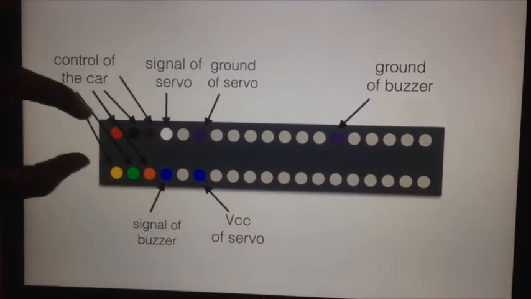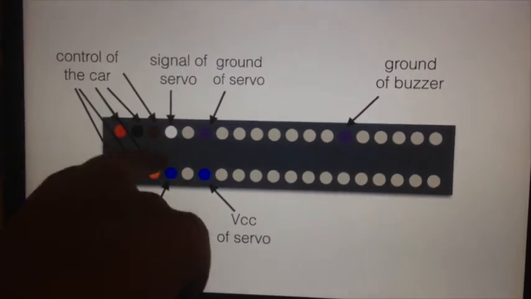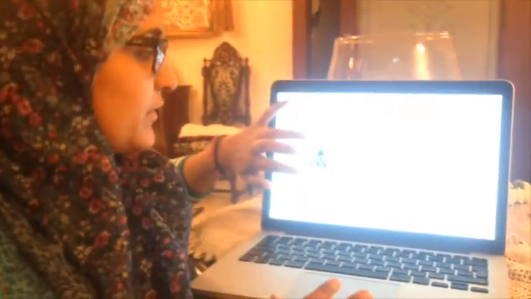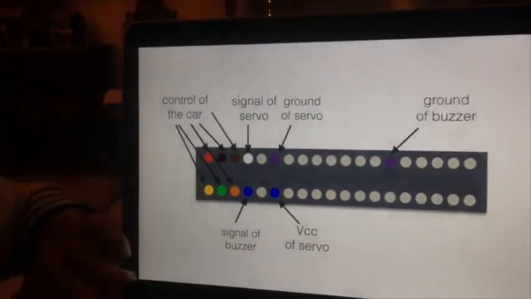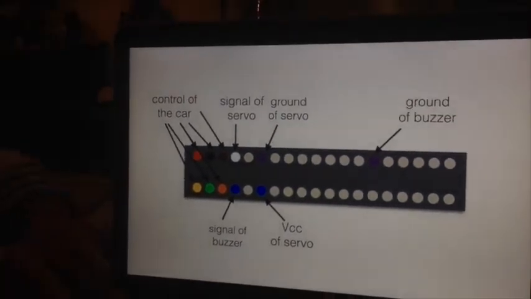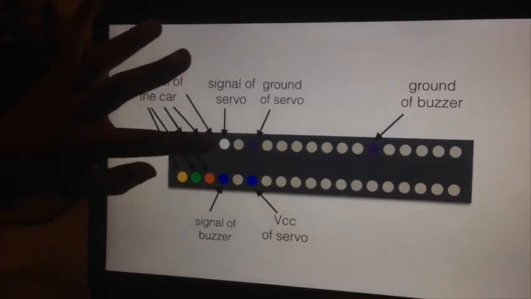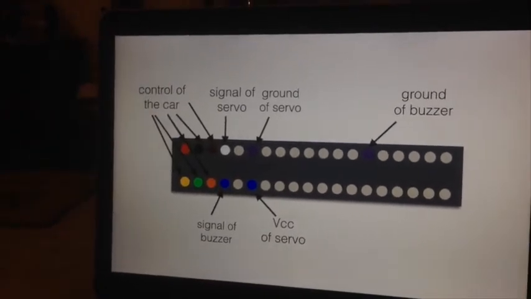And we assign the 6 bits needed for the car to function at the very beginning of the pins. Here we have the 2 enables, and then the four combinations that make the car work. And here is the signal for the servo motor.